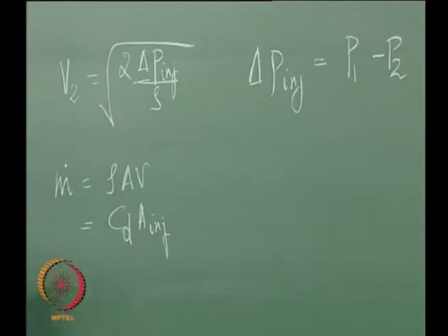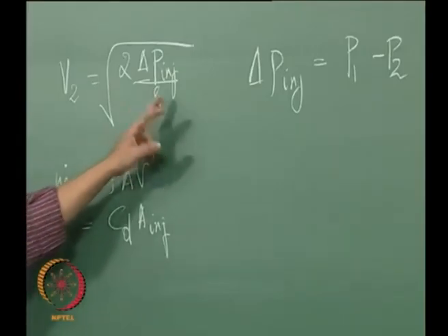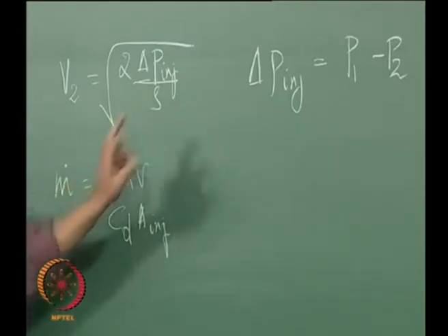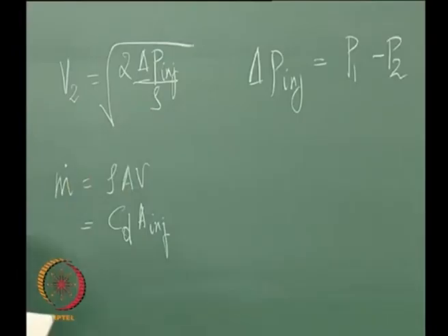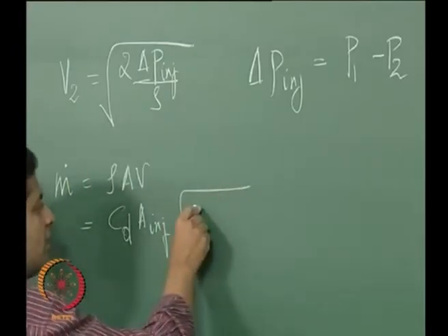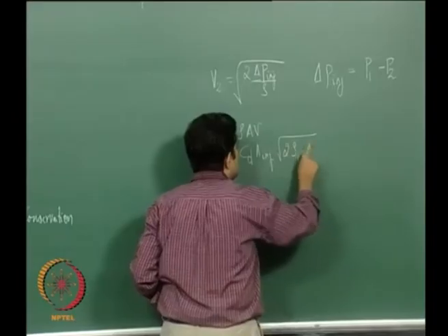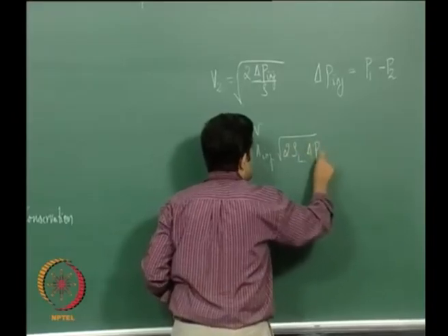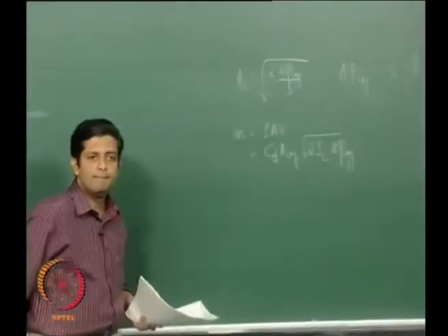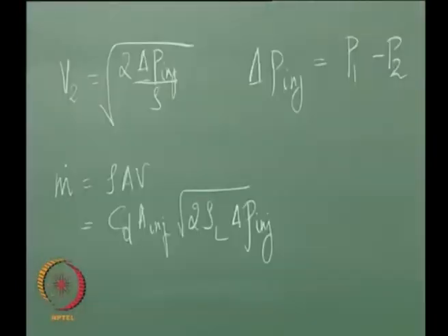Now, if I take the rho inside, there is one rho already, right, under the square root. So, you will get under root, fine. This is for mass flow through one injector, right. In a rocket motor there are going to be a number of injectors.